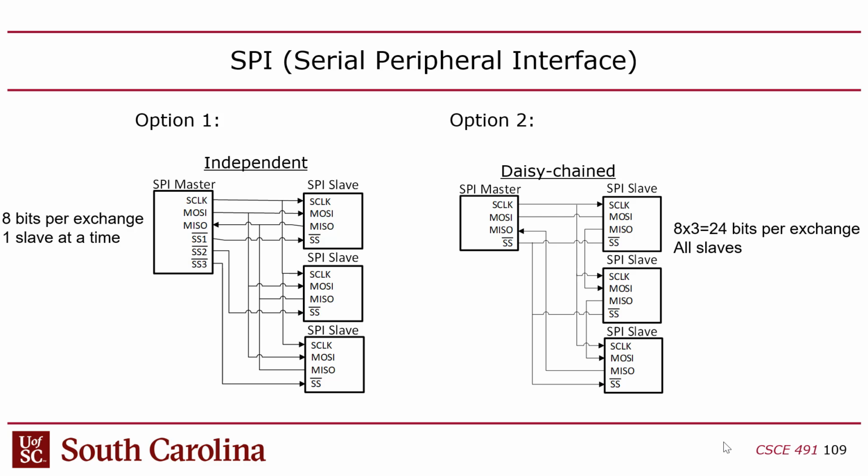The problem with that, though, there is an issue with that. MISO is coming back, which means if I short all these guys' MISO to 1 physical wire, then they better have tri-state drivers on here where they can disengage, right? Because otherwise, SPI is, and I'm going to talk more about this when I get to I²C, but SPI uses a push-pull system where the wires are either pulled up to VDD or they're pulled down to ground, right?